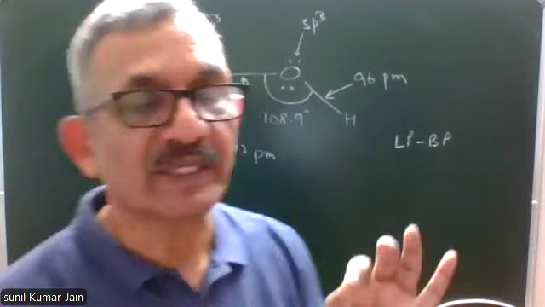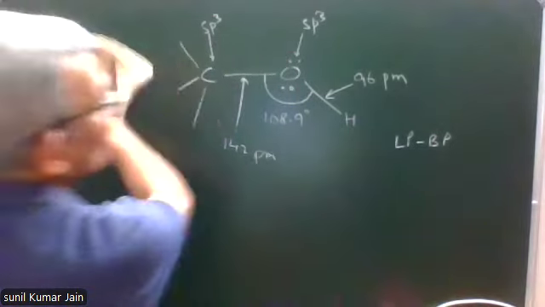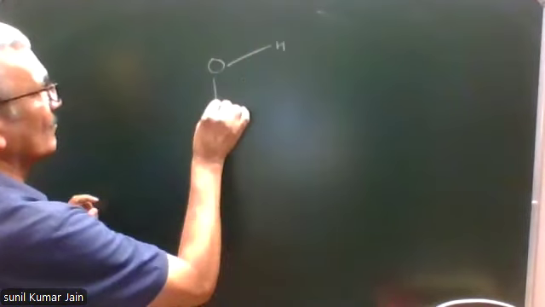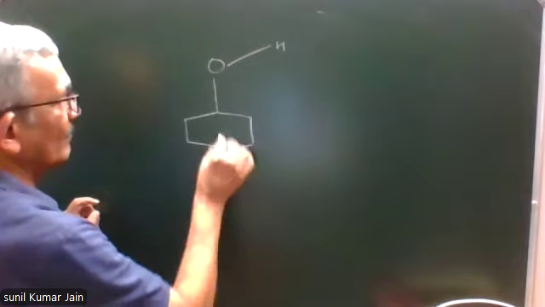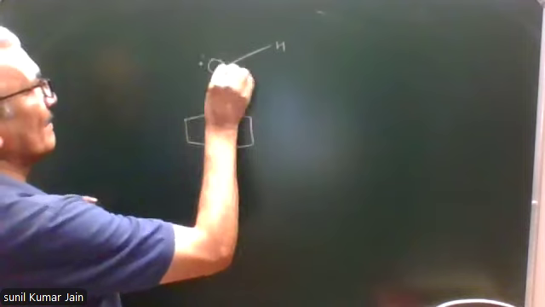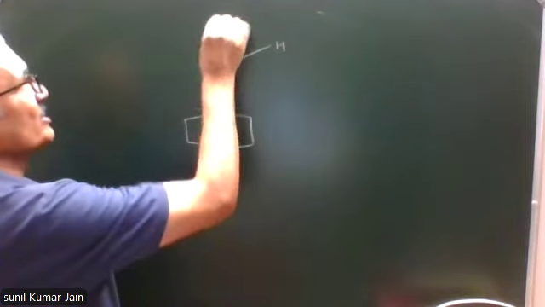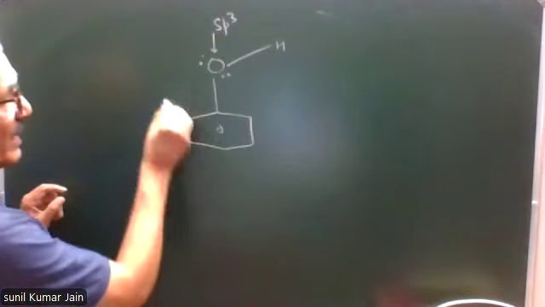Next, write down B part, phenolic group. Again, draw from the board. Oxygen is sp3 hybridized.